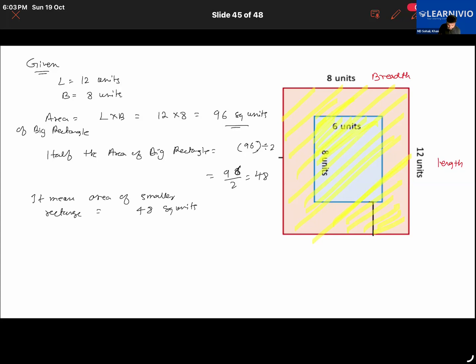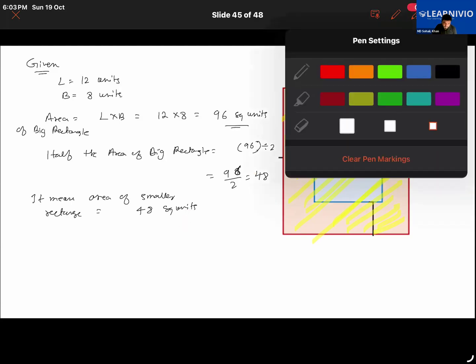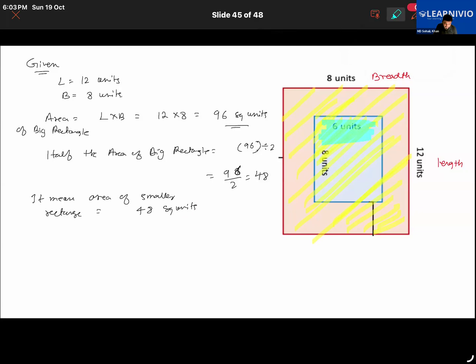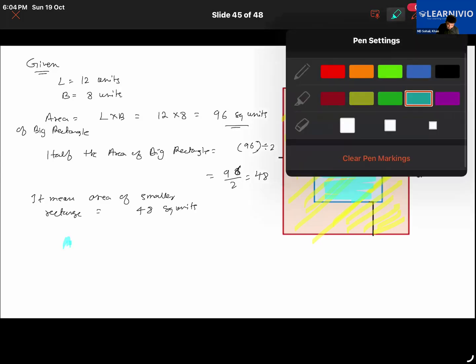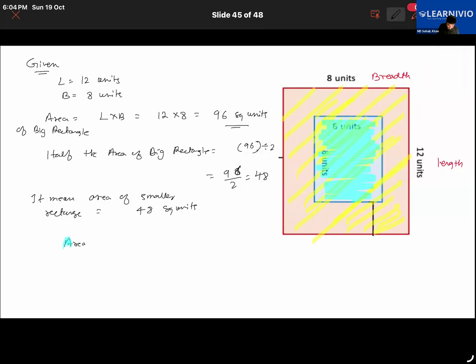But now we have this question, since we have to actually draw it inside it, what should be the length and breadth of that? Should it be half of the length and breadth of this rectangle? No, it's not going to be like that. See, area, as you know, is equal to length into breadth, right?